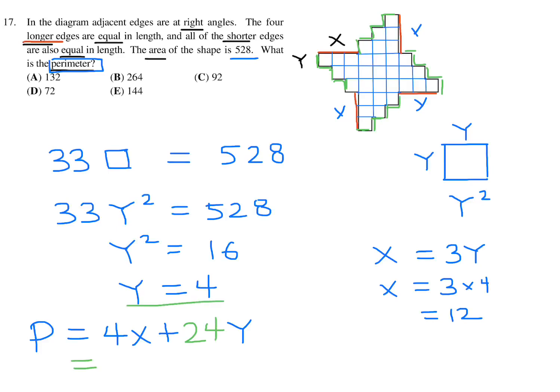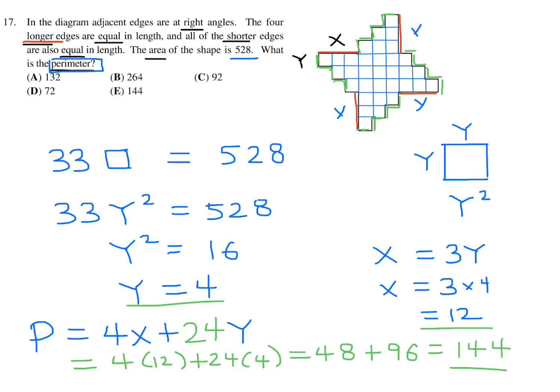Now all we have to do is plug in our values for x and y, and we should be able to get the perimeter. x is 12, y is 4. So we've got 48 plus 96, and that equals 144. So the answer is E.